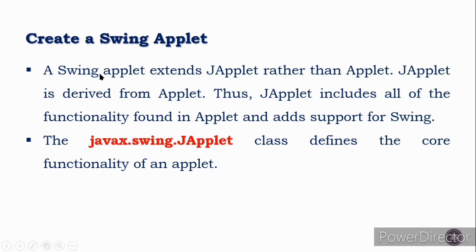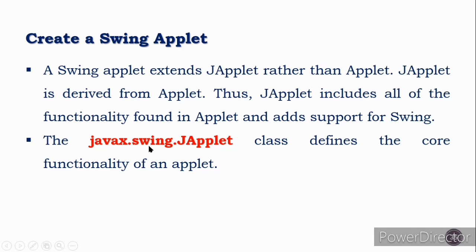A Swing applet extends JApplet rather than Applet. In AWT, if you want to write applet programs, we extend the Applet class. In Swing we extend JApplet. It is derived from the Applet class. Thus, JApplet includes all the functionality found in an applet, and it adds some more features to support Swing.